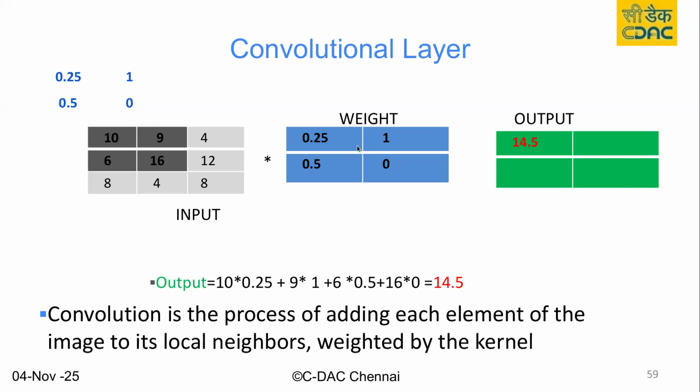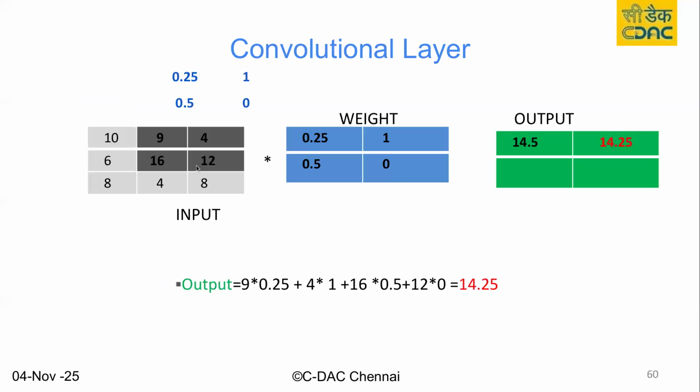Here first we have considered this 2 cross 2 of this 3 cross 3 input matrix. Next I have considered this 2 cross 2 of the input 3 cross 3 matrix. So 9 into 0.25 plus 4 into 1 plus 16 into 0.5 plus 12 into 0, I get 14.25.